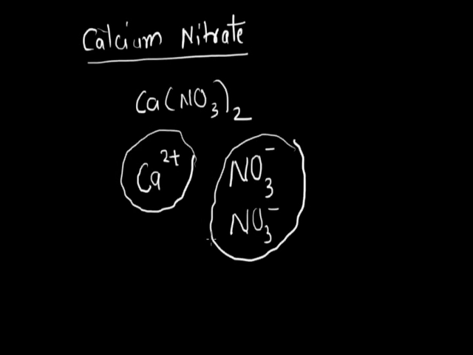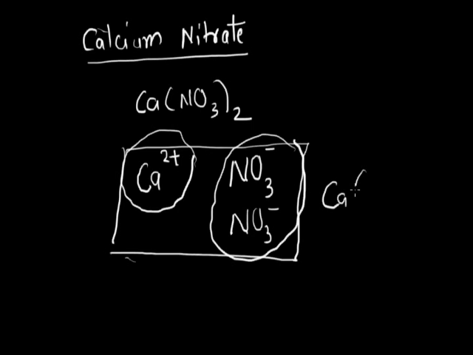So we can say that this will be the smallest unit which is neutral. So we can write it 1 Ca and 2 nitrate, Ca(NO3)2. It means this represents the formula unit of calcium nitrate because it is the smallest neutral unit of calcium nitrate.